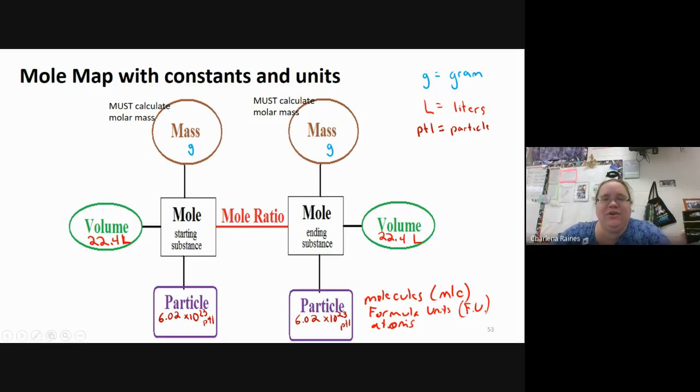And yes, in theory, you could see ions. We're not going to see ions. We're not going to get that far. But, you know, later chemistry courses, you could be expected to calculate the number of ions in a particular compound.